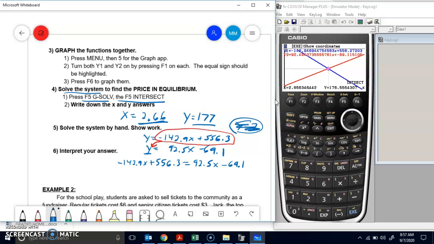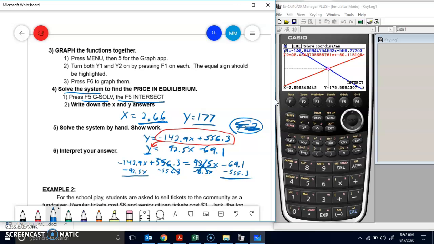Let's solve by taking this right side, and we're going to subtract that over. Negative 92.5x, and that gets the x's together. And you know what, I'm going to go ahead and get rid of this term also. This is just like the ones we've been solving since the second day, where you get all the x's on one side, all the numbers on the other.